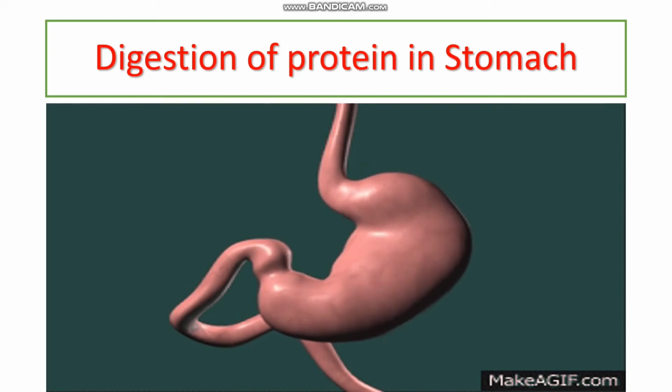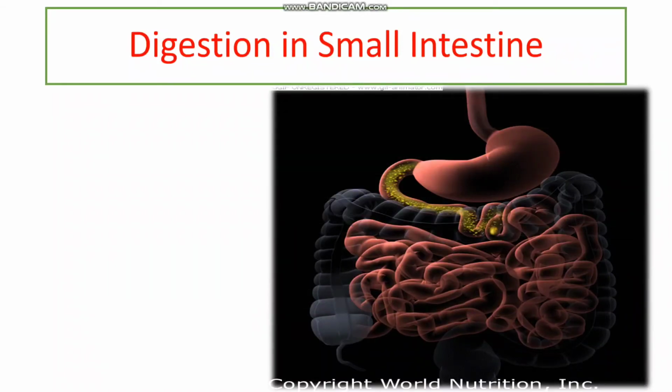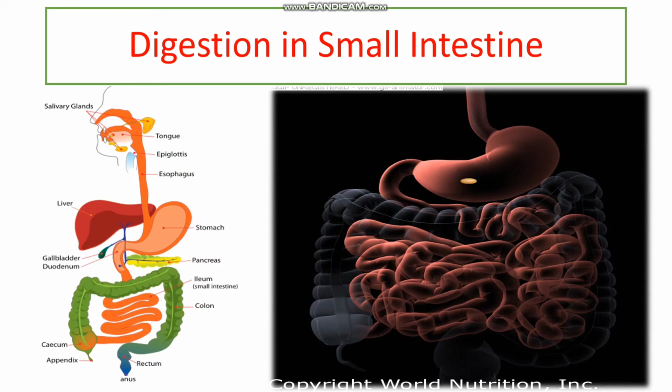And after the stomach, the food moves on to the small intestine, and again some juices are made in the small intestine, like a few juices were made in the stomach. Similarly, some juices are made in the small intestine, and our liver also makes a digestive juice which is known as bile, and this juice also helps to digest the food faster and easily.